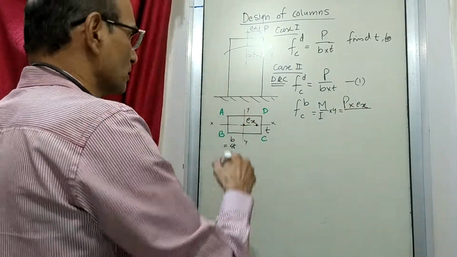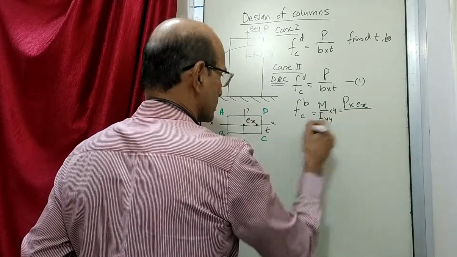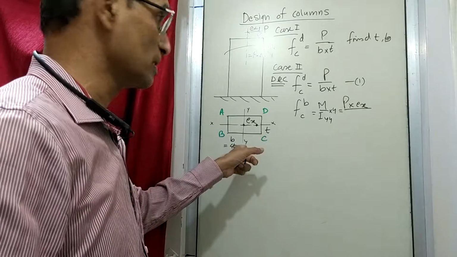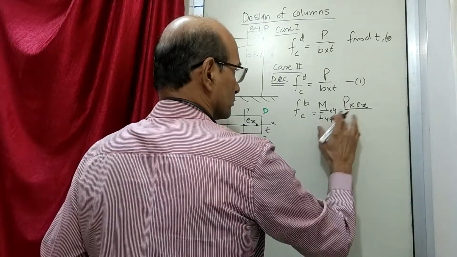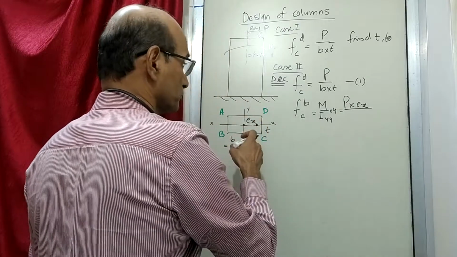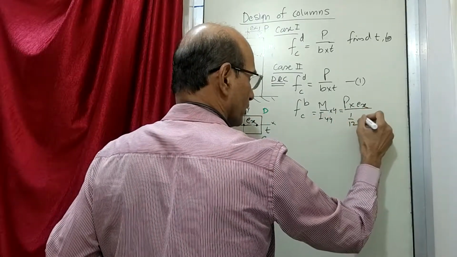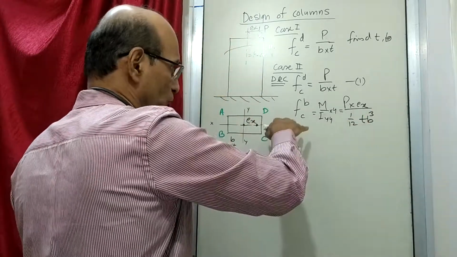Now, what is I here? Because the bending is this way, I will be about the Y axis. Moment of inertia about the Y axis, what will that be? That will be 1/12 of T B cube.